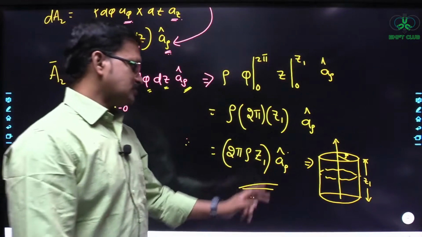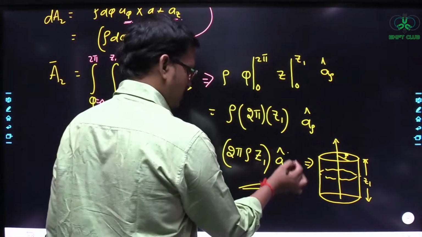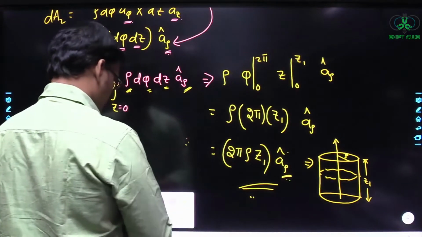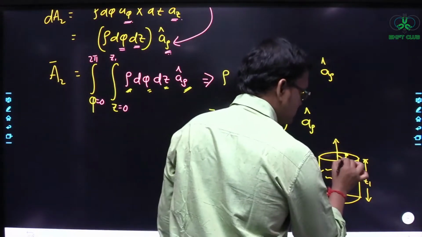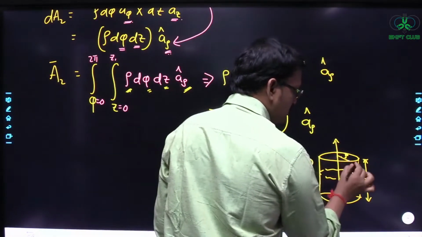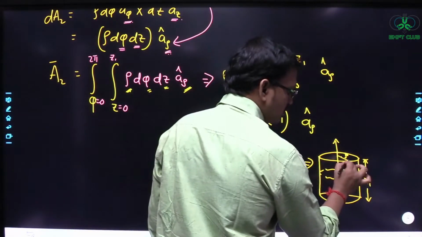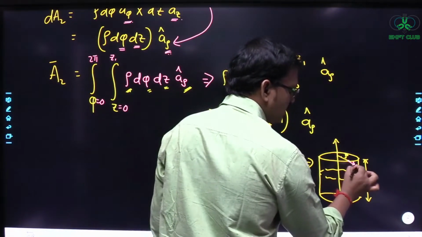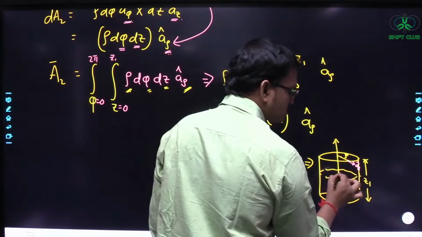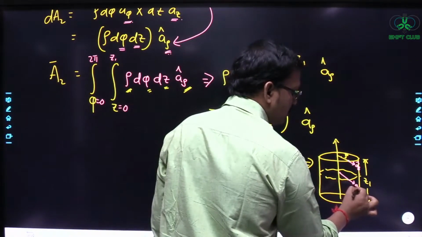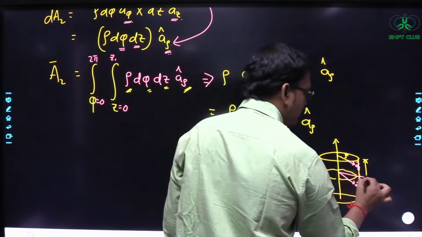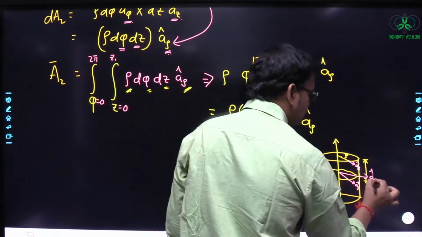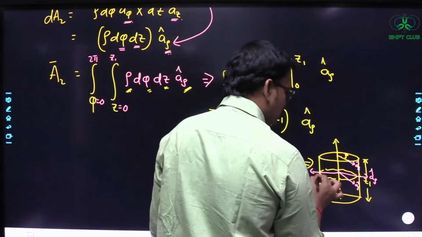And what is its direction here? Its direction is rho cap. So here this is rho, and if you draw the normal to this curved surface, it is going to point in the rho cap direction.